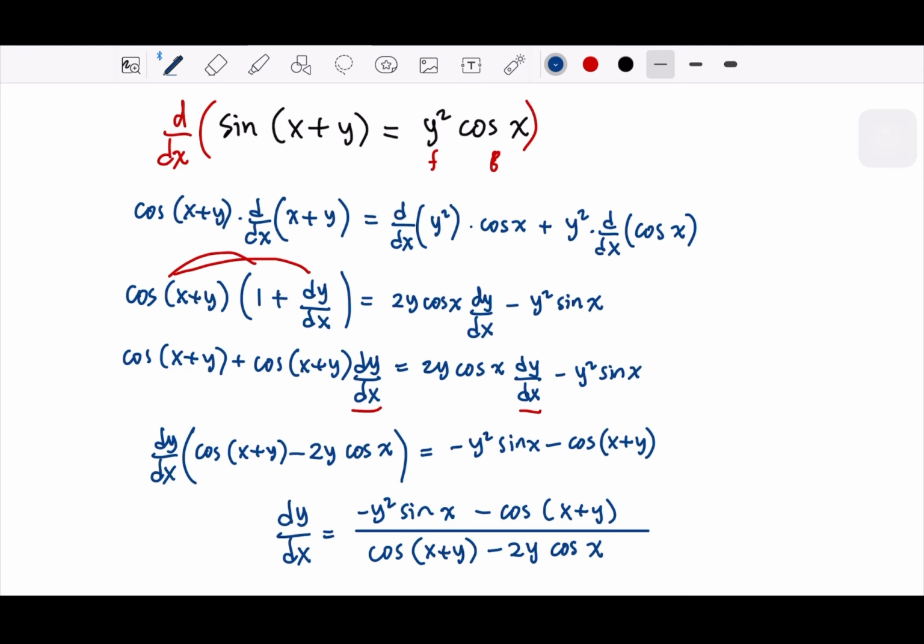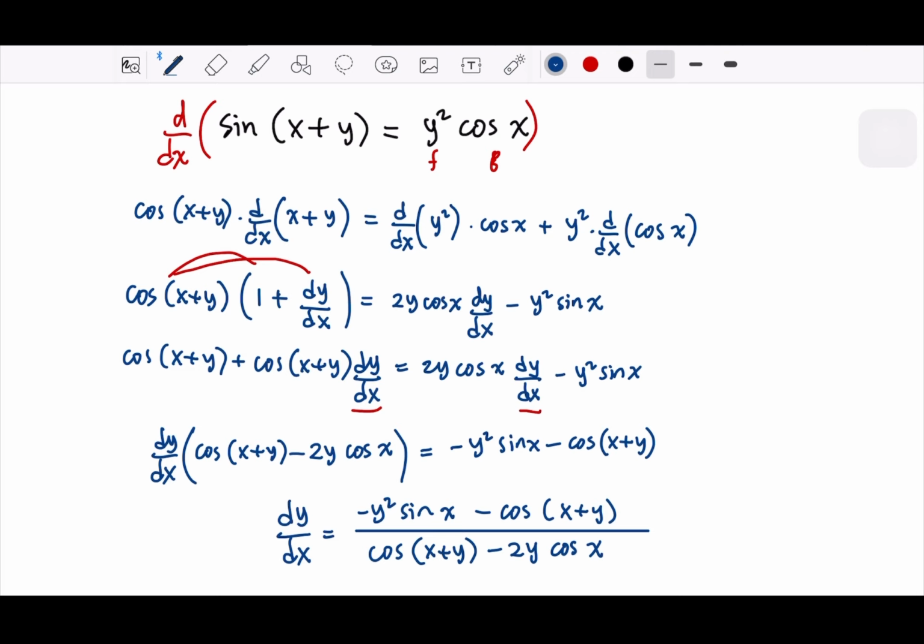If this is too small from behind, you can still see, it's okay. Okay, this is if the question is asking the first derivative.